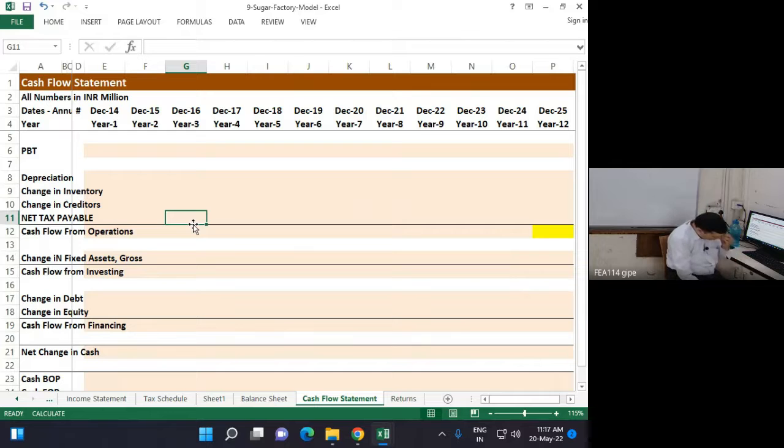One thing you have to remember, inflows positive, outflows negative. If it is an asset, old minus new. If it's a liability, new minus old. Follow these rules and make an attempt on the CFO for year 12. साइन पे ध्यान देना है आपको, क्या प्लस होगा और क्या माइनस होगा.